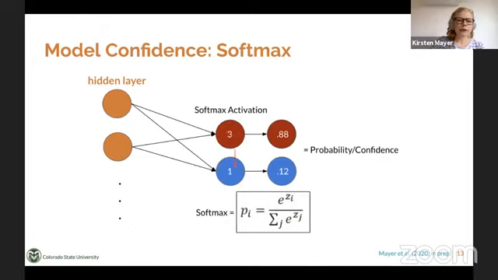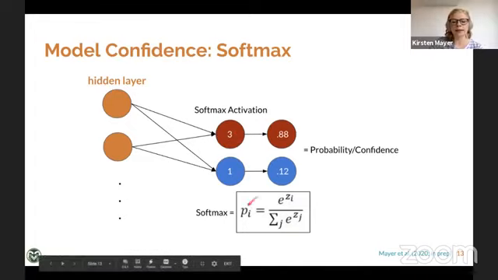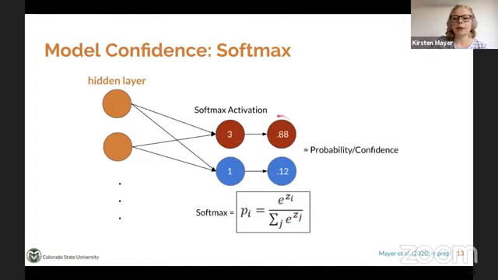And let's say we have a 3 and a 1. So the neural network is predicting the sign of the circulation over the North Atlantic is going to be positive. Now we can run that through the softmax activation function, and it'll pop out a probability, or what we refer to as a confidence, where the model is 88% confident that its prediction is correct.